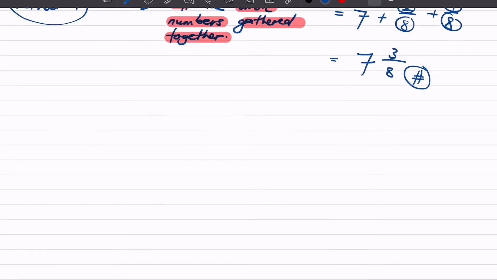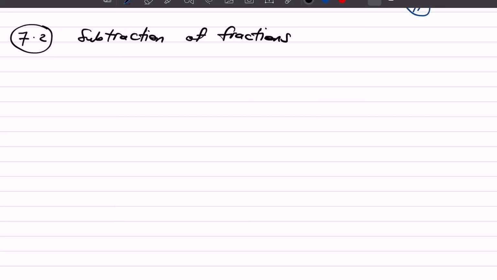Next I'll go to the next part, 7.2, which is subtraction of fractions. It's the same thing.